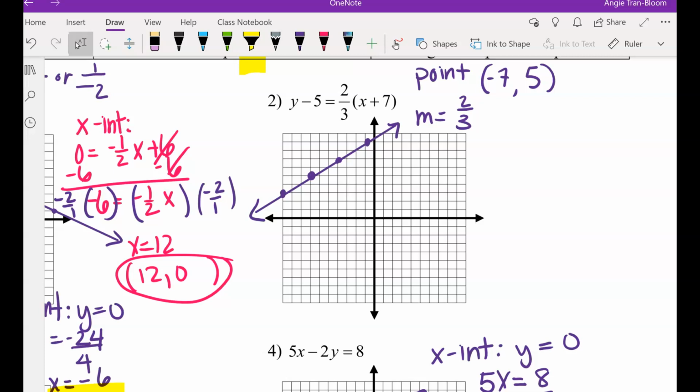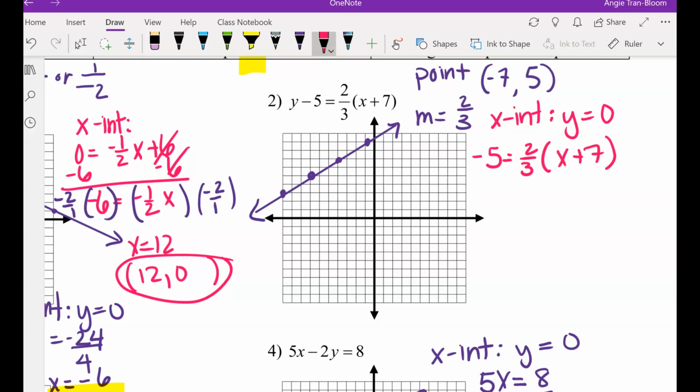Calculate it ourselves. Ready? X-intercept is when y equals 0. Y minus 5, oh by the way, can I just cover it up instead of writing 0 minus 5? Yeah, okay. Then let's do negative 5 equals 2/3 quantity x plus 7.